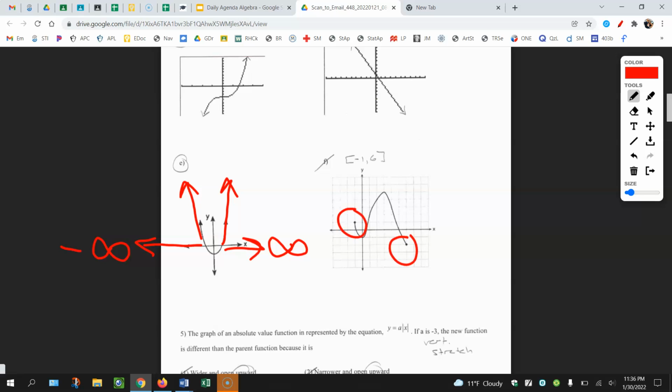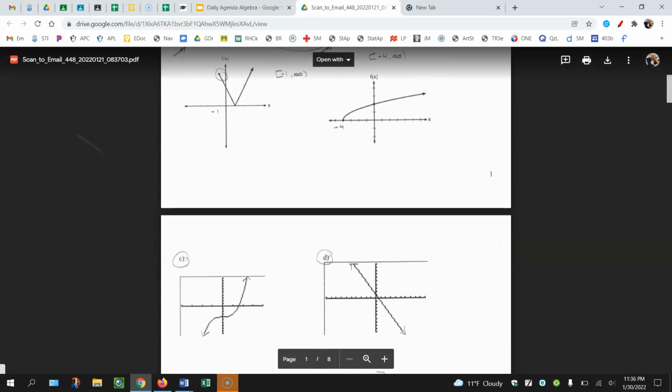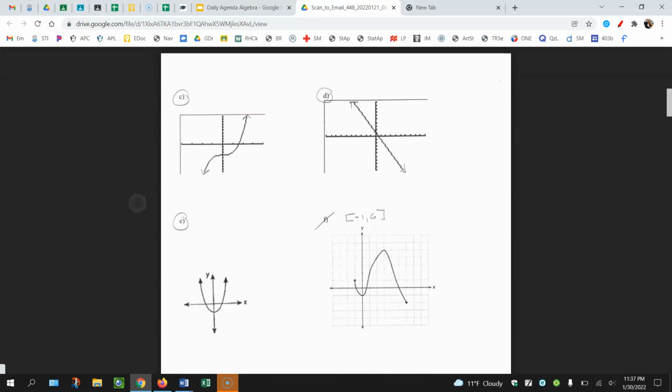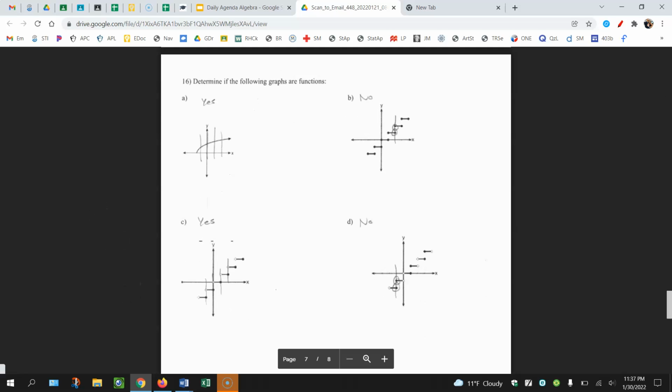And then part F, we got issues. This doesn't ever go past -1 or +6. So that's not a domain of all real numbers. So just to summarize, C, D, and E all have a domain of all real numbers, which means -infinity to positive infinity.